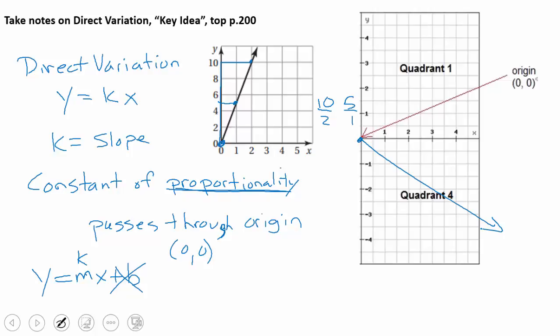So I'm starting at sea level, 0, 0, and then I dive into the water, and after a certain amount of time, I go down at a constant rate. Make sense? So I could have a constant of proportionality in quadrant 4, which has a negative k. It could be.